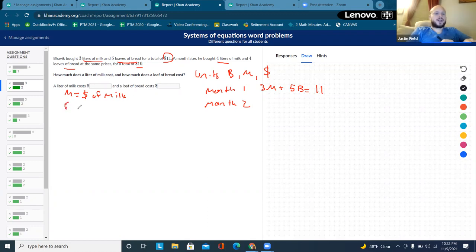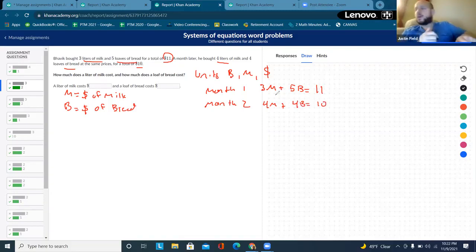And then B is the price of bread. All right, so what's month 2? Month 2 is going to be 4M plus 4B equals 10.